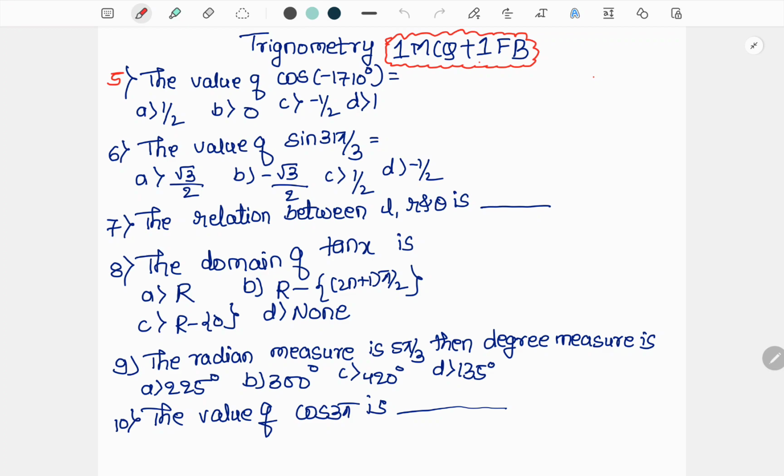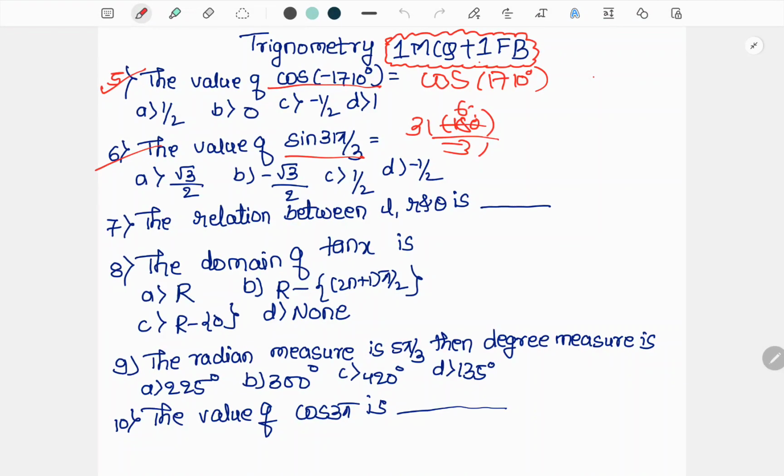So observe the next question. Few easy questions are there that I will give for you people. You do it. So this value we can calculate: cos of minus 1710. First apply the property. You know cos of minus theta is plus cos theta. So cos of 1710. So now you can apply those methods. So this also you can find: 31 pi by 3 means 31 into 180 by 3.